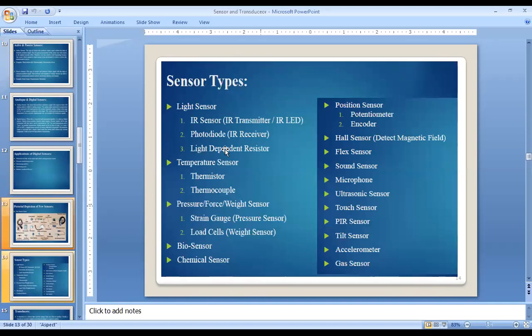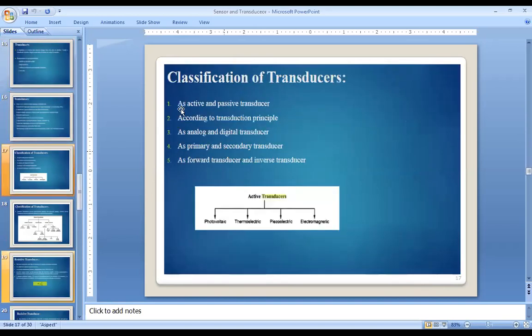The same way, an active transducer converts a signal without the help of any external source, but in the passive it does. Okay, so now the active ones are photovoltaic cells, thermoelectric, piezoelectric material, and electromagnetic transducers.